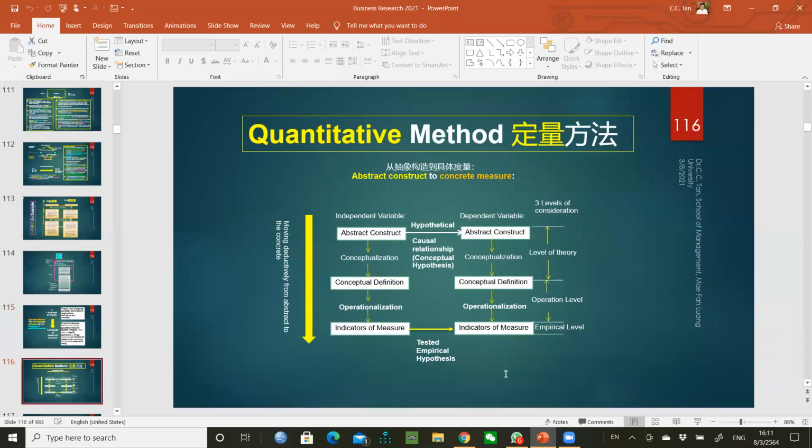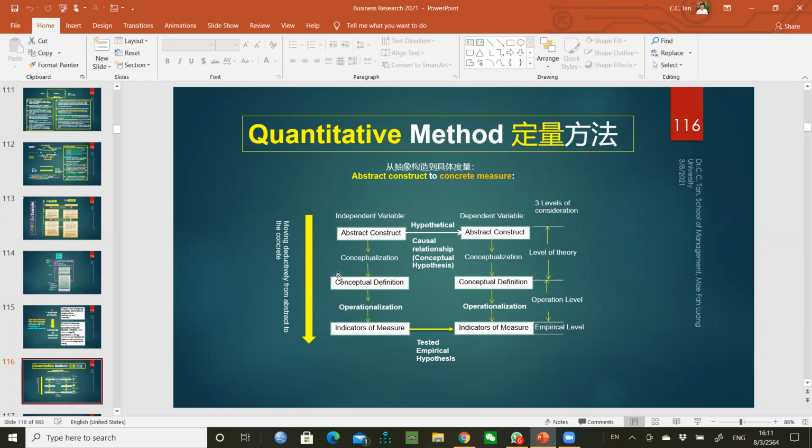And so if we are from the quantitative side, we have already understood some theoretical formats, and so we kind of know the hypothetical relationship between the independent variable and the dependent variable. And we know the exact concepts of each of the variables involved.